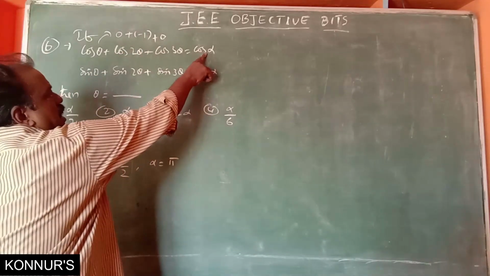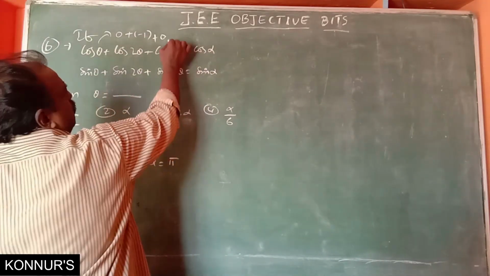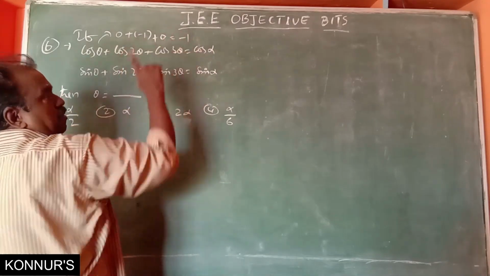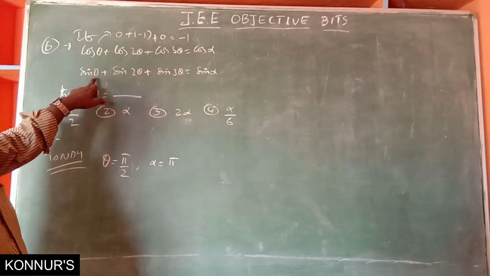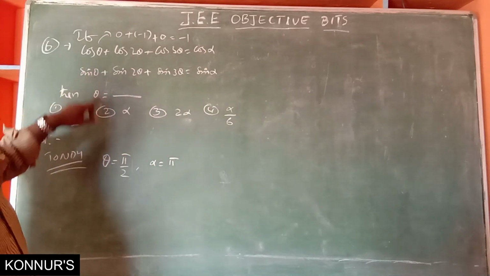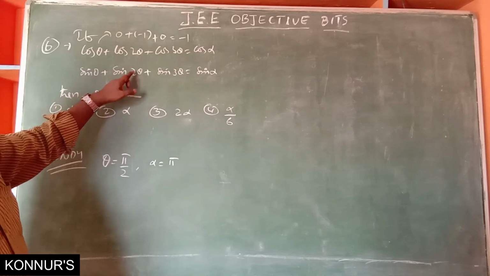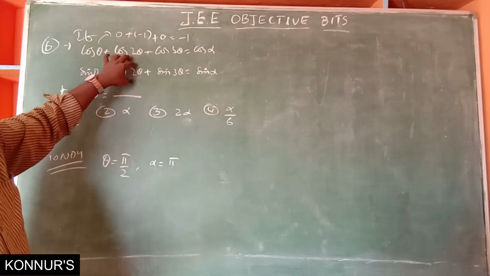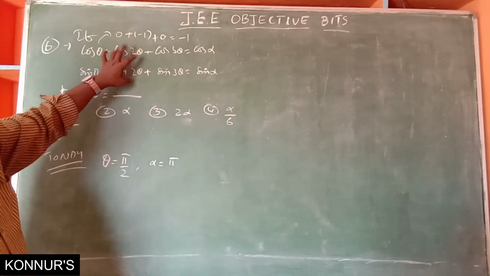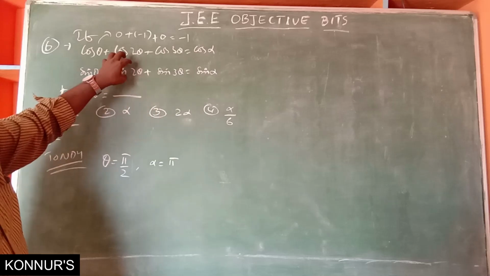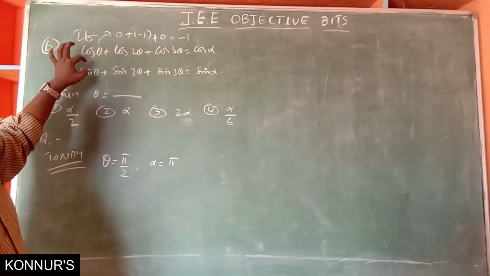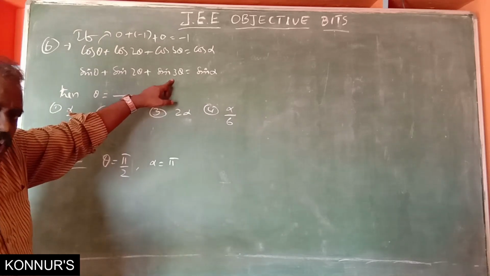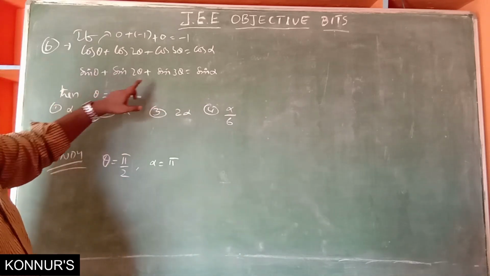So here cos alpha, alpha is pi. Cos pi is minus 1. So minus 1 is equal to minus 1. Yes, correct. Also you substitute here. Sin pi by 2 is 1. Sin 2 into pi by 2 is sin pi, which is 0. Sin 1 pi is 0, sin 2 pi is 0, sin 3 pi is 0. Sin n pi is 0 always. Whereas sin 3 pi by 2, 270, is minus 1.